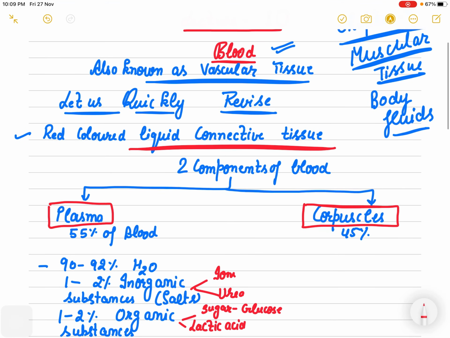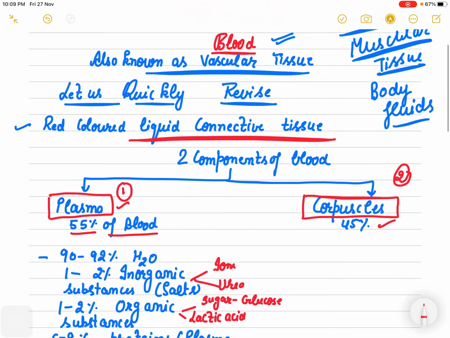Everyone should be very crystal clear that blood has two main components: plasma and corpuscles. 45% is cells and 55% is plasma. Basically 55% of the total blood is plasma, and 45% we have the cells.